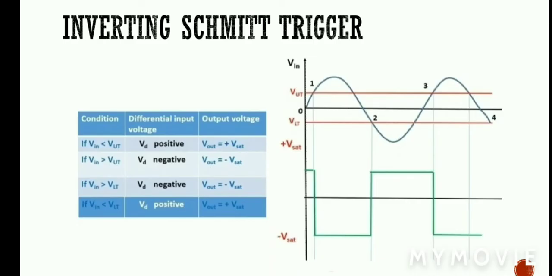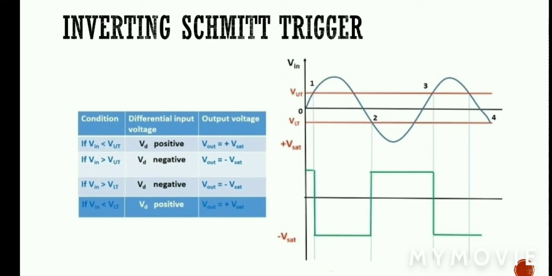By applying this condition, we can draw the waveforms for the inverting Schmitt trigger. So one condition applied in the Schmitt trigger circuit is that whenever the input voltage is increasing, the reference voltage is the upper threshold voltage VUT, and whenever the input signal is decreasing, the reference voltage is the lower threshold voltage, that is VLT.